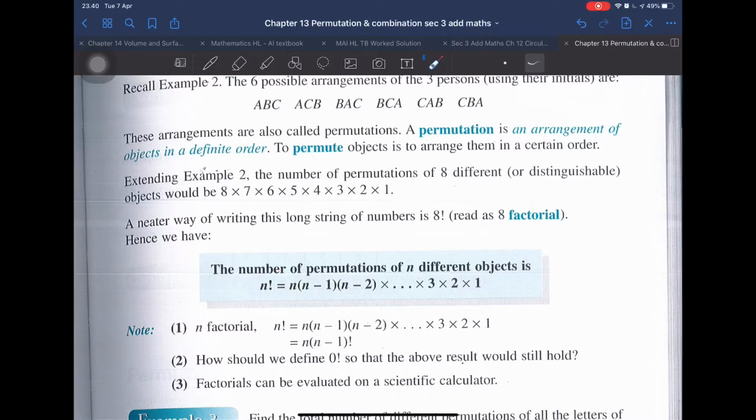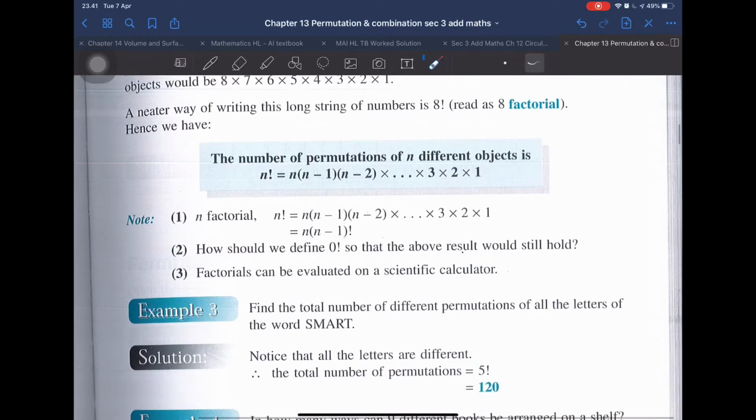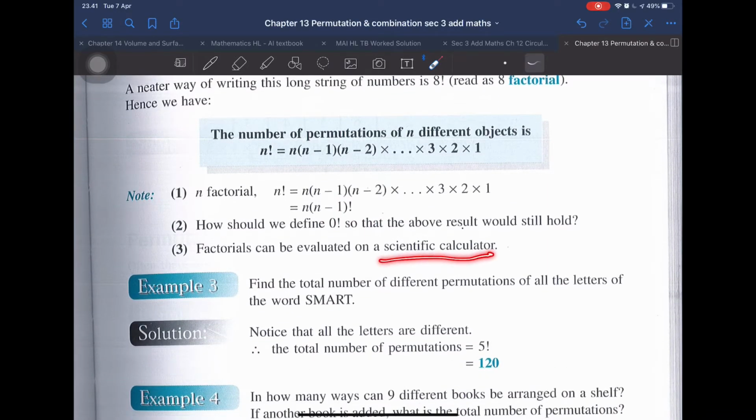So let's say 5 factorial, so 5 times 4, 2 lower than 5, which is 3, 3 lower than 5 is 2, 4 lower than 5 is 1. And there you go, just find the answer. What is 0 factorial? Try it using calculator. You can use your calculator to answer factorial, just find where is the button.